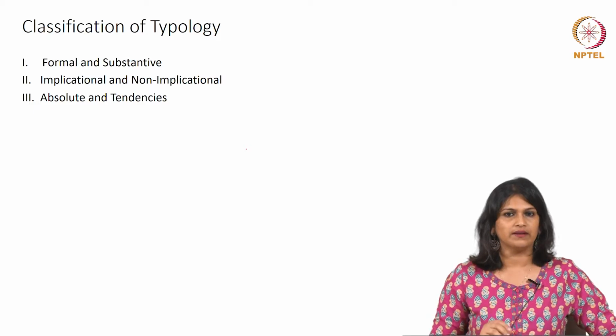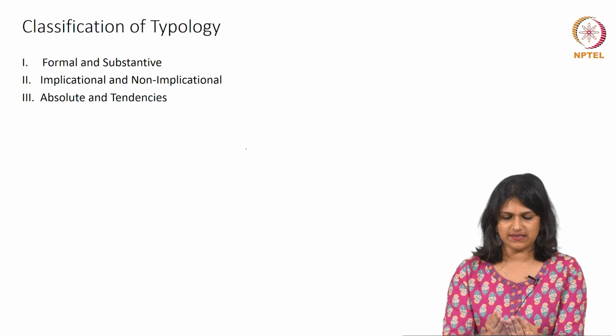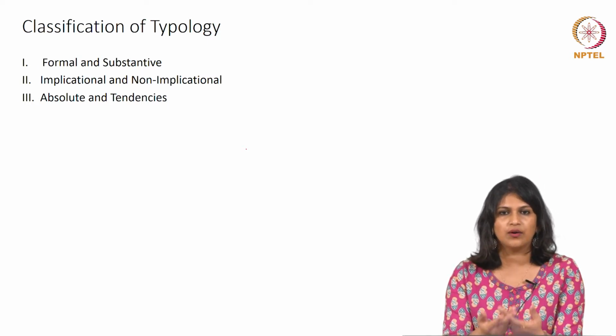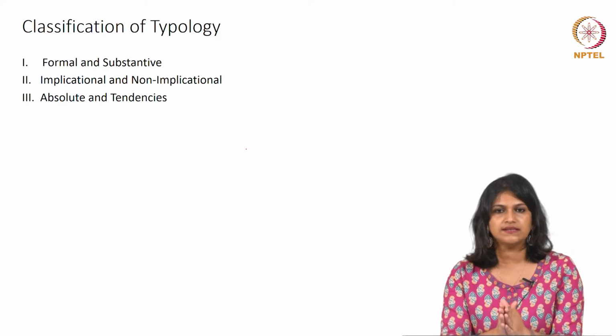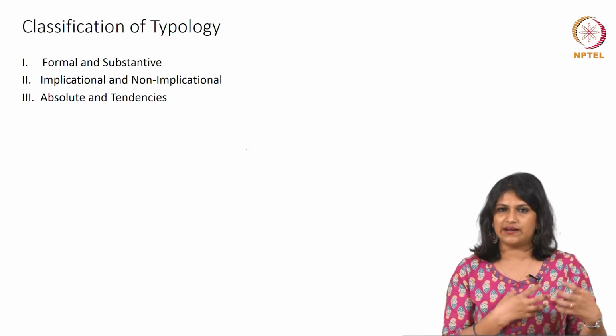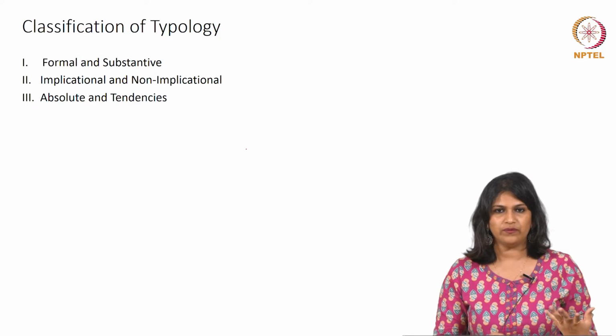Right. Since we just had a brief idea about how the universals are understood following both approaches, one is the data-rich approach, the other is the abstractness-rich approach.